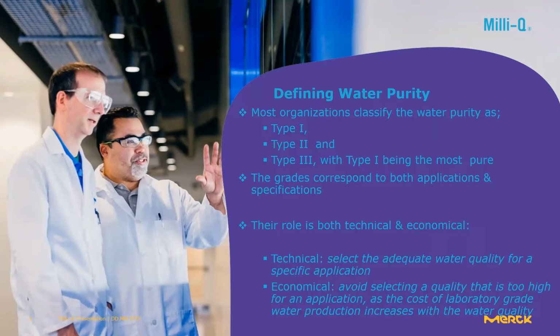You need to adapt the quality of the water to the application, because it will be very costly if you use, for example, HPLC grade water for filling an autoclave, because an autoclave will require type 3, or at the higher side type 2. That's the economic point that I'm speaking about.